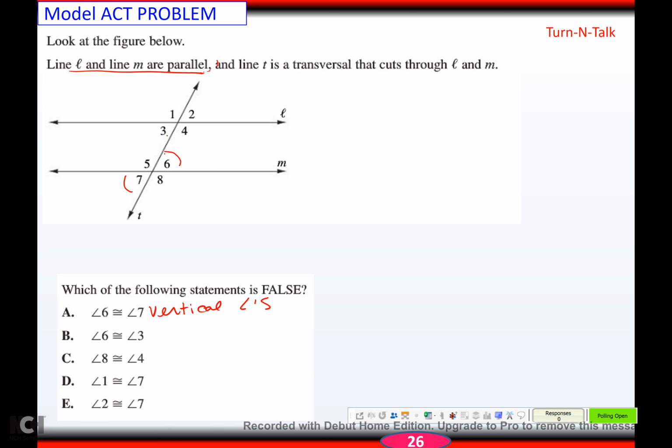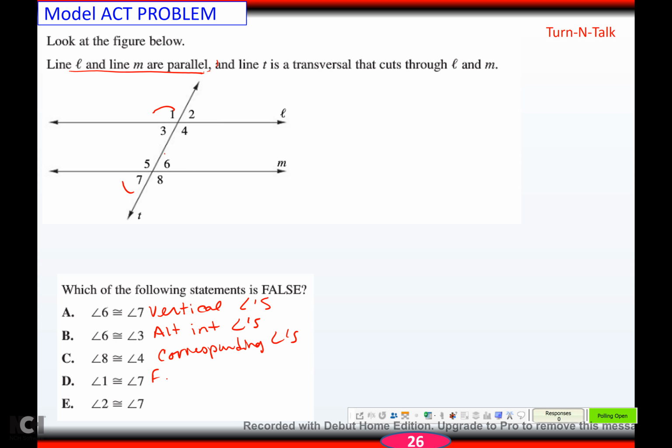Then it says that 6 equals 3. Well, that's true because they're alternate interior angles. Then it says that 8 equals 4. Well, that's true because those are corresponding angles. And then it says that 1 equals 7.